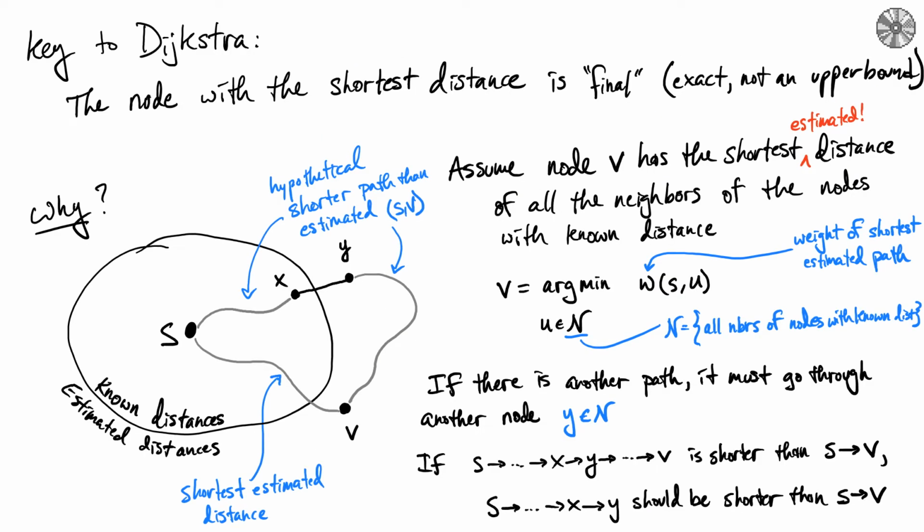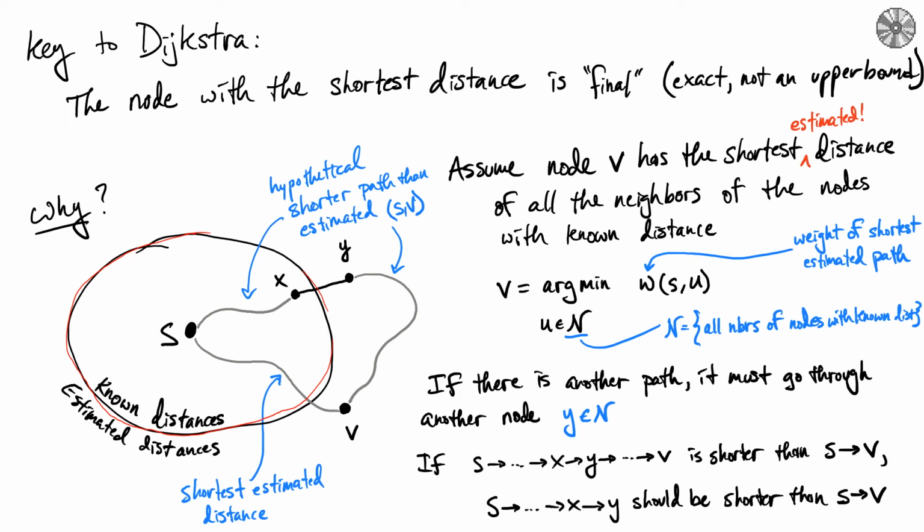We said that the crucial observation to make Dijkstra work was the fact that out of all of the estimated upper bounds on distances, the smallest one was indeed final, and it was certain. And so we can demonstrate why this is. If we think about this circle as representing the boundary between known distances and estimated distances, so anything inside is something we claim that we know the shortest distance to, and anything outside is something that we claim that we have only an estimated distance.